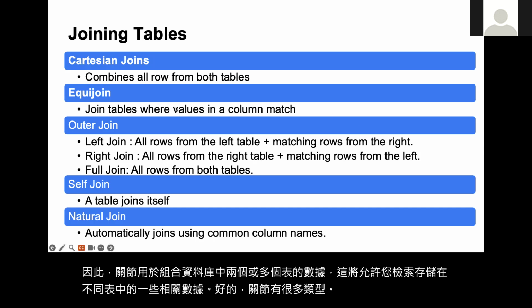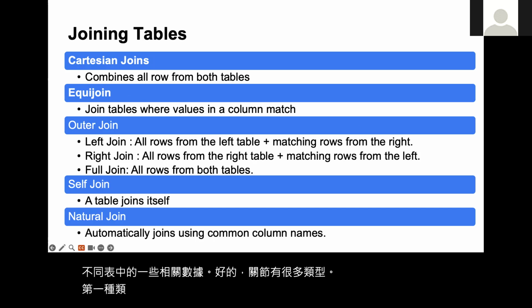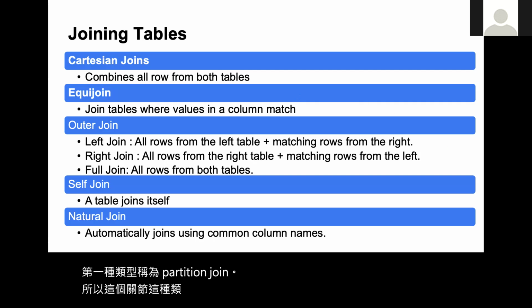The first type is called Cartesian join. This type of join will combine every row from the first table with every row from the second table.